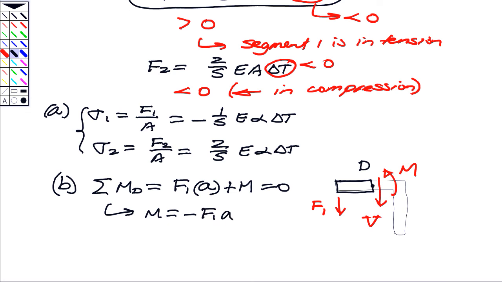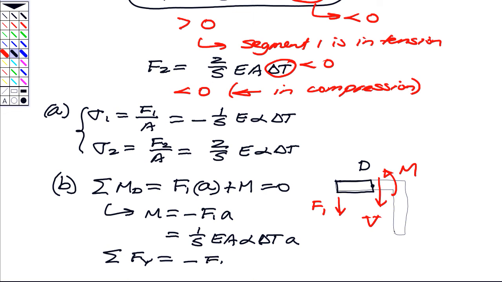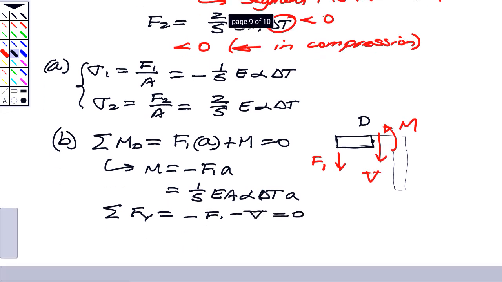So that ends up being 1/5 EA alpha delta T times the dimension A. Summing forces in the Y direction, I've got minus F1 minus the shear force V, by the way that I drew it in my picture.